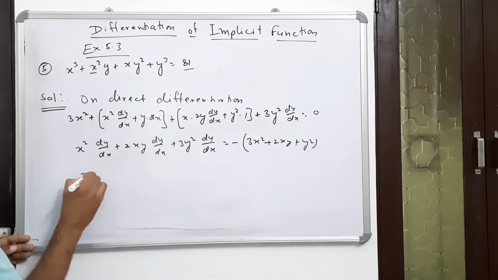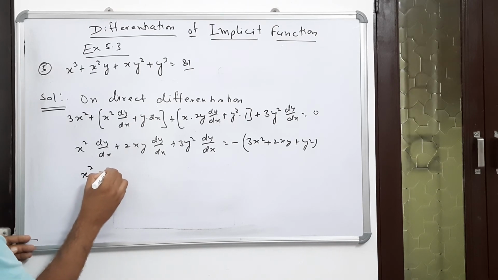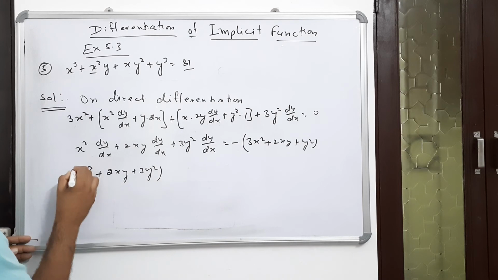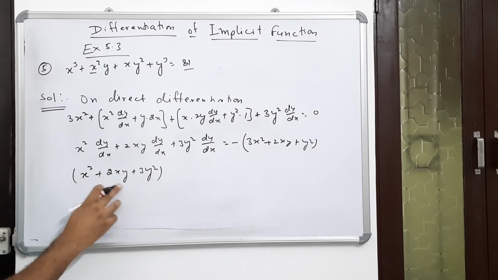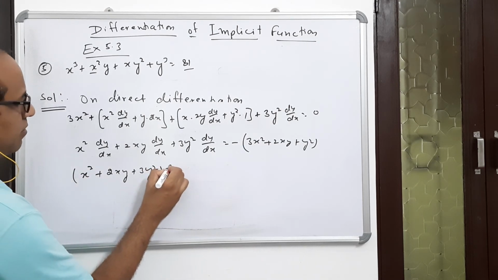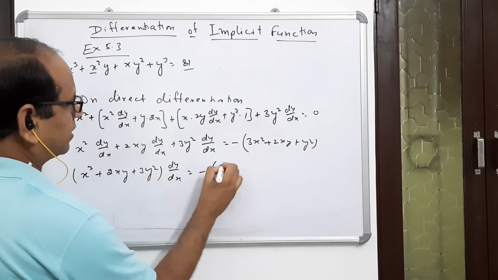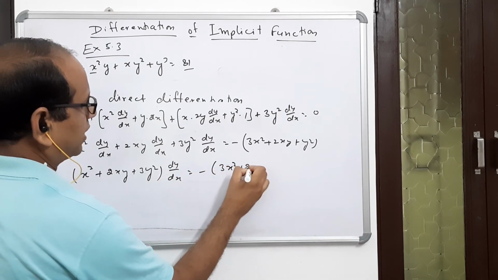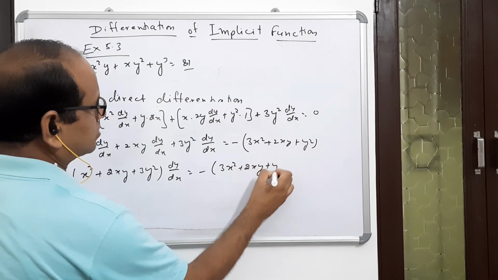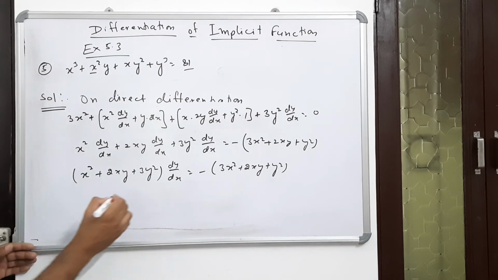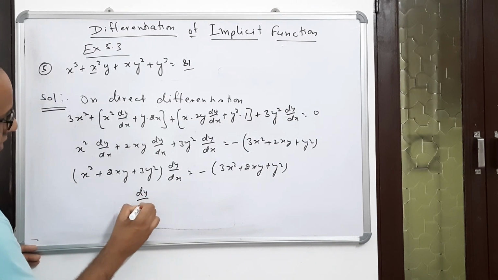Now from all these terms, we will take dy by dx common. So the term will be x square plus 2xy plus 3y square, times dy by dx, equals minus of 3x square plus 2xy plus y square. Please see this step. So what will be the final answer now? What will be the dy by dx?